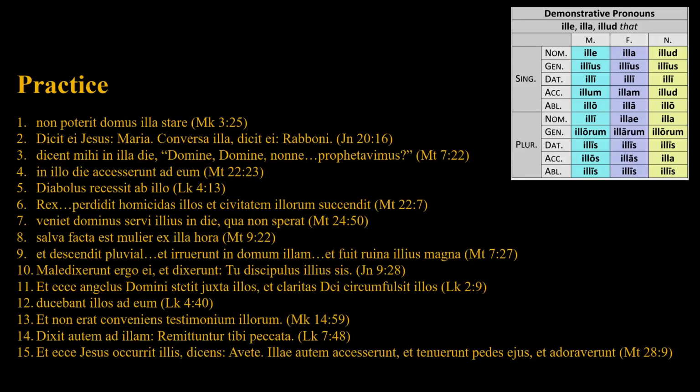In die, so it will come in a day, qua non sperat, in a day that's not expected. Something like that. So the Lord of that servant will come in die, in a day, qua non sperat, in a day that's not expected, in a day that's not anticipated.